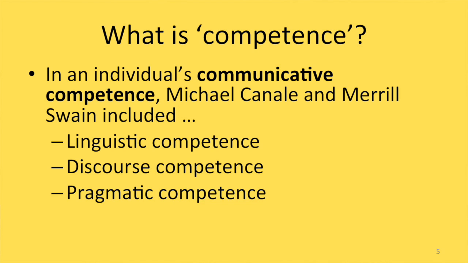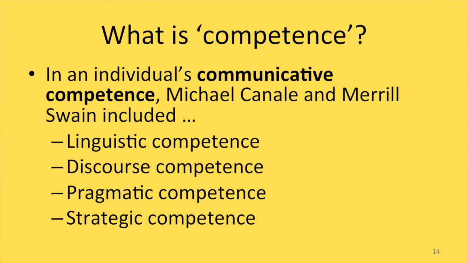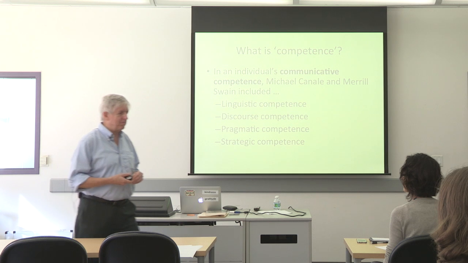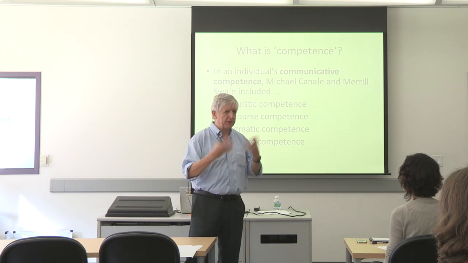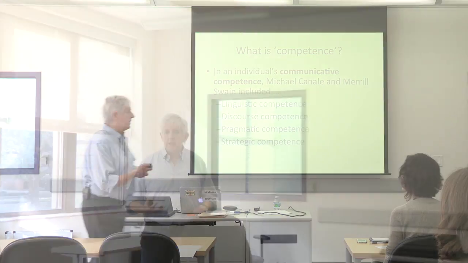Pragmatic competence, that is how you establish in communication what people are actually meaning, even if they're not saying exactly what they mean. And then strategic competence, which is, we all find from time to time that we don't know what we should say. We've forgotten the word. This happens in our native language as in any other language.